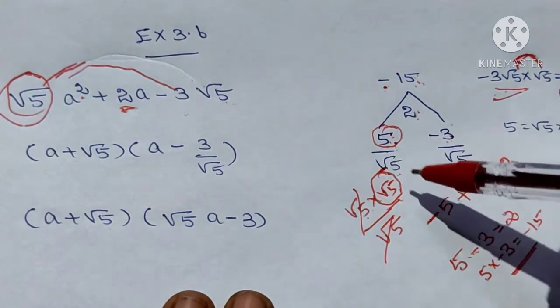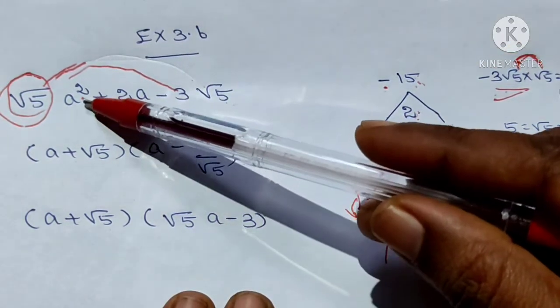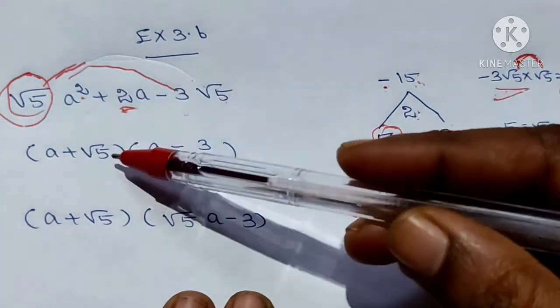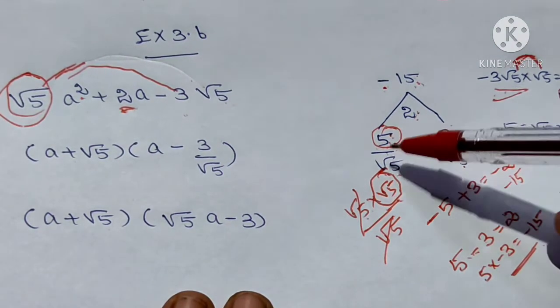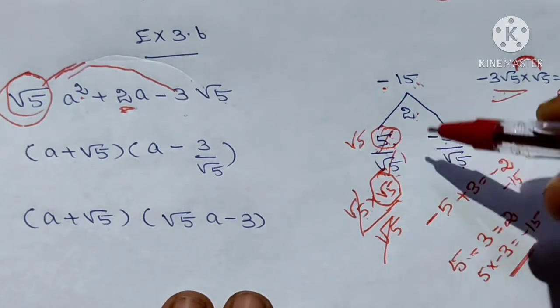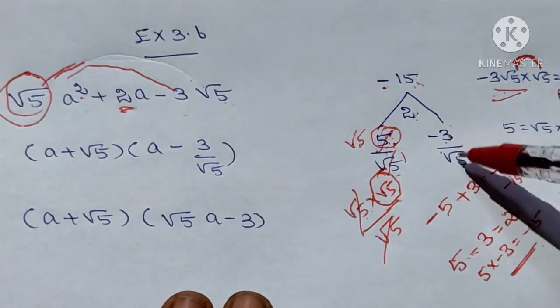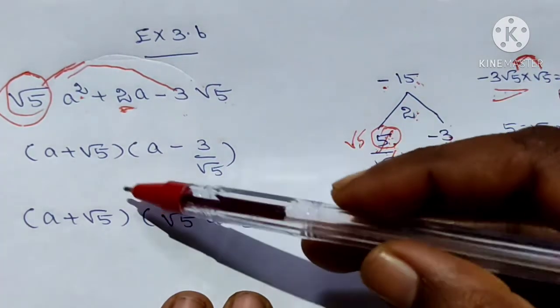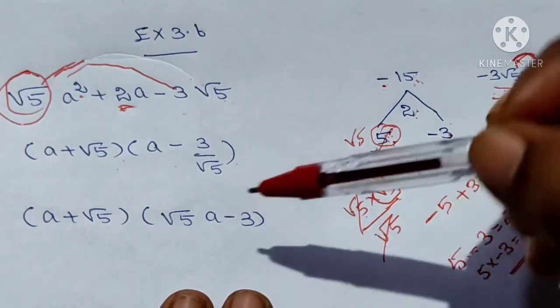So using these two numbers, write the factors using the coefficient a. So a plus root 5 into, here we get root 5 only as balance. Root 5 into root 5, we get 5. So a plus root 5 into a minus 3 by root 5.